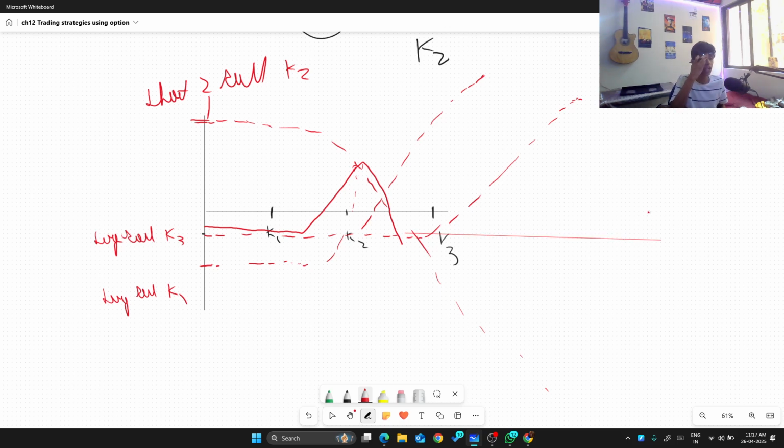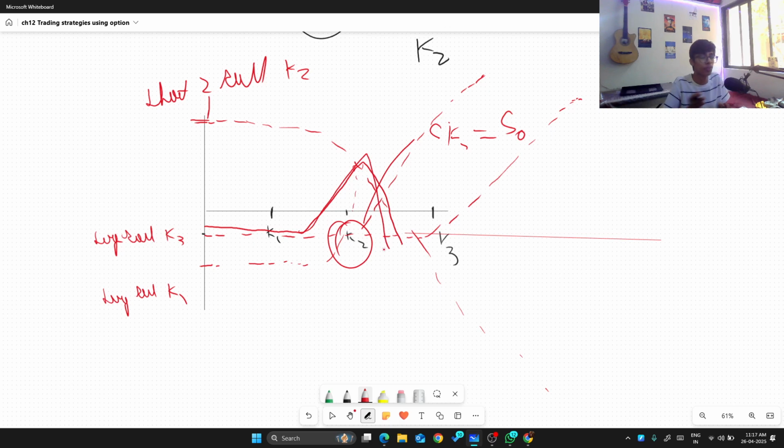So our downside risk is limited, and this strategy is best when we know that the price would be at the spot price. So K2 is decided, right? K2 is equal to the current spot price. So we know that at some future time the price of ST would be near K2, so we earn profit.